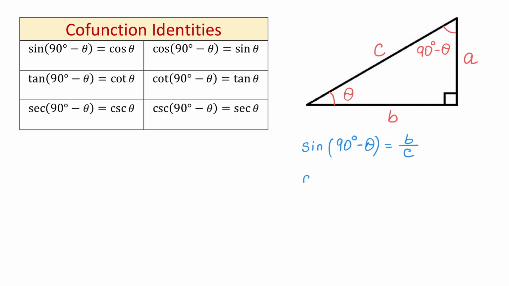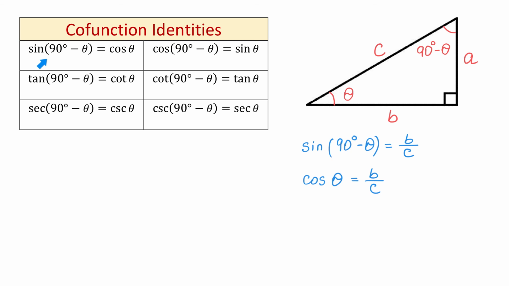Now let's find cosine of angle theta. So here we have angle theta, and by definition, cosine is the adjacent side divided by hypotenuse. Then cosine of theta is b over c. Now, do you see how for both functions we got the same value of b over c? So then, indeed, sine of 90 degrees minus theta equals cosine of theta.